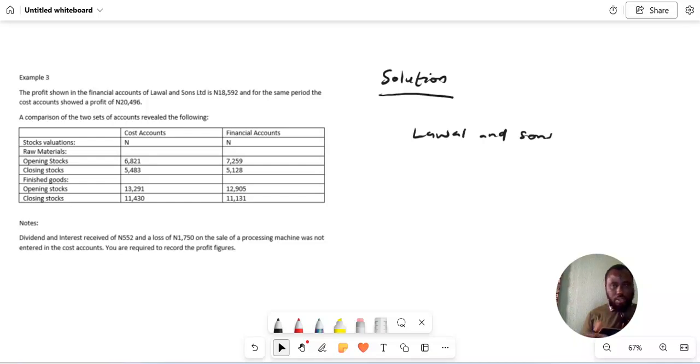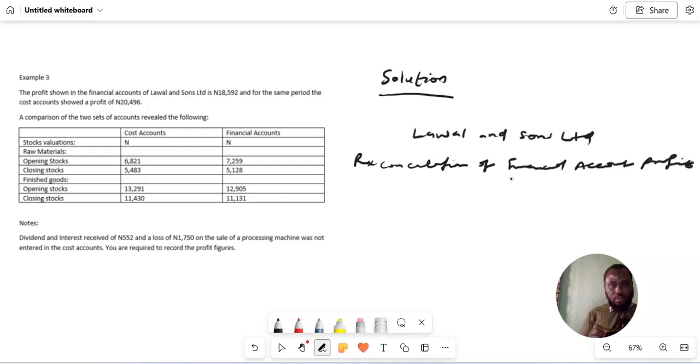Reconciliation of financial account profit with cost account profit.